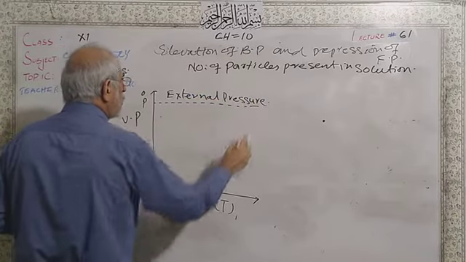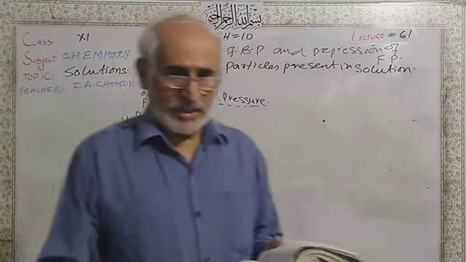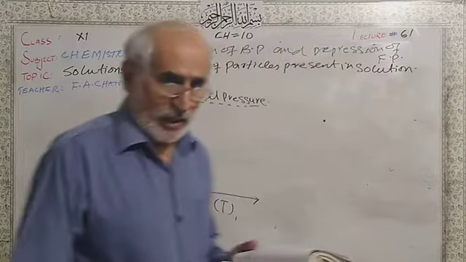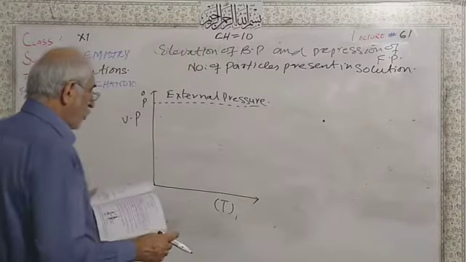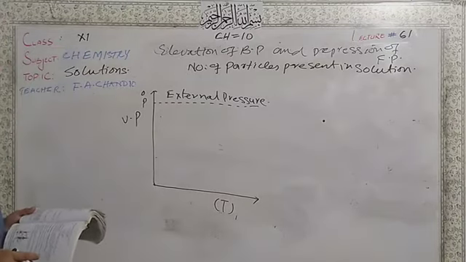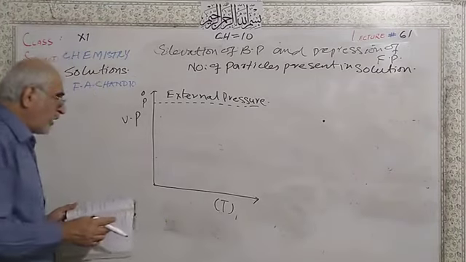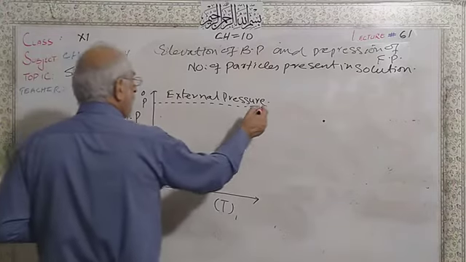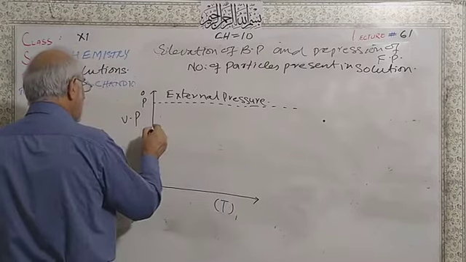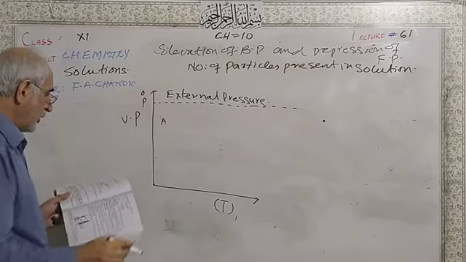You know that when the vapor pressure of a liquid becomes equal to the external pressure, the liquid is going to boil. We learned the definition of the boiling point. So first of all, you have to calculate the vapor pressure and the boiling point temperature of the pure solvent. The pure solvent has more vapor pressure.